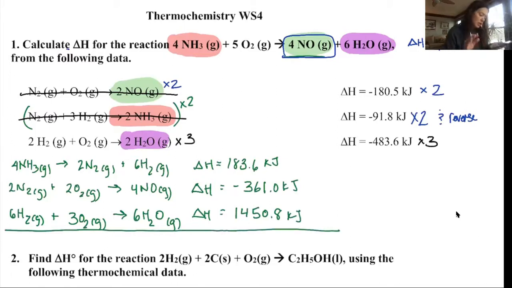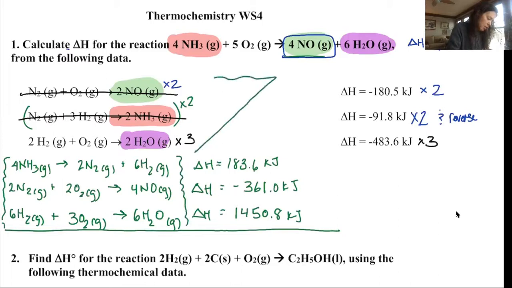All right, let's ensure that when we simplify these 3 equations, we get our target equation, okay? So what we're going to do is start adding reactants that are similar, adding any products that are similar, or canceling any reactants and products that are similar.